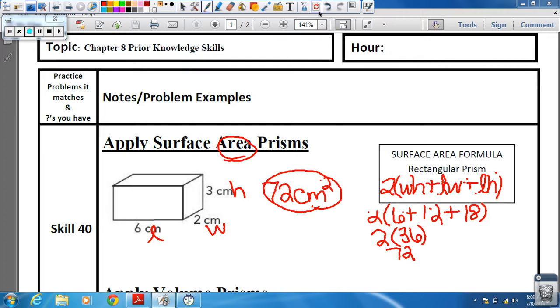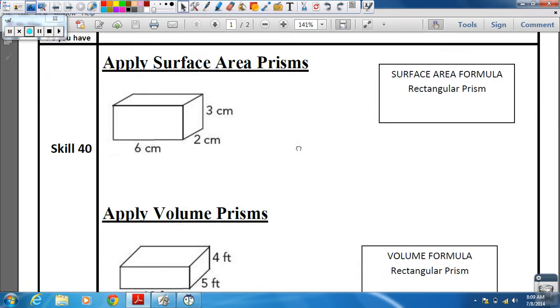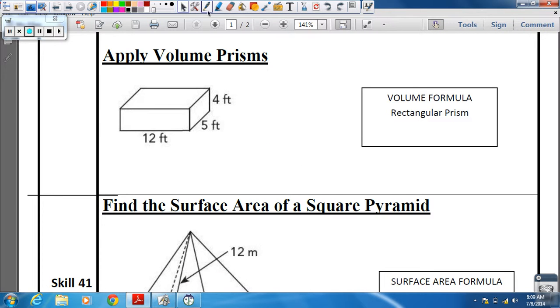The next one we are going to look at is switching to the volume of a rectangular prism. The volume, remember, is the amount of space inside our figure here. So the volume formula for a rectangular prism is much easier and simpler. It's length times width times height.